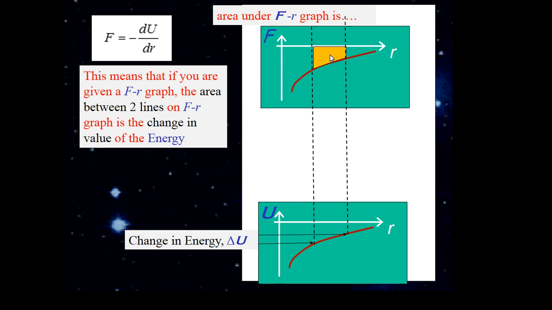If you modulus it, you take the magnitude of it, it will be the increase in R. Because the area under the force distance graph is work done. Work done is an energy. It must have added to the potential energy of the system, whichever system it is. So the area under the FR graph is the change in potential energy.